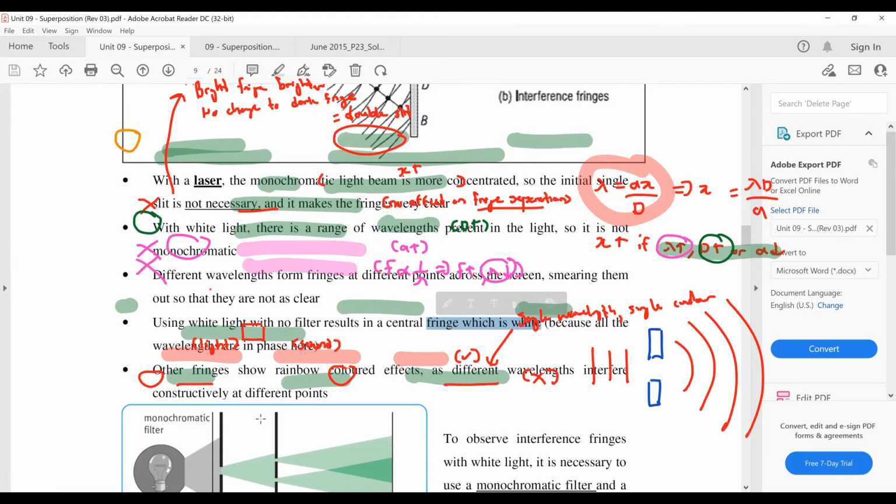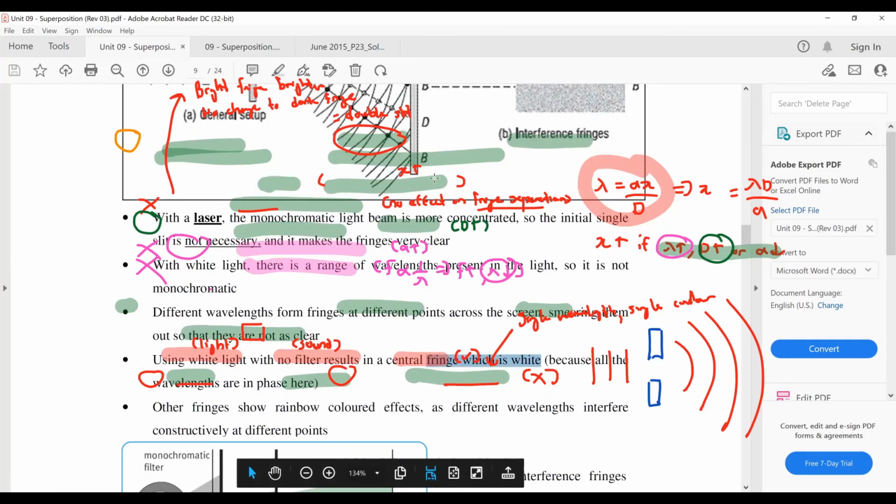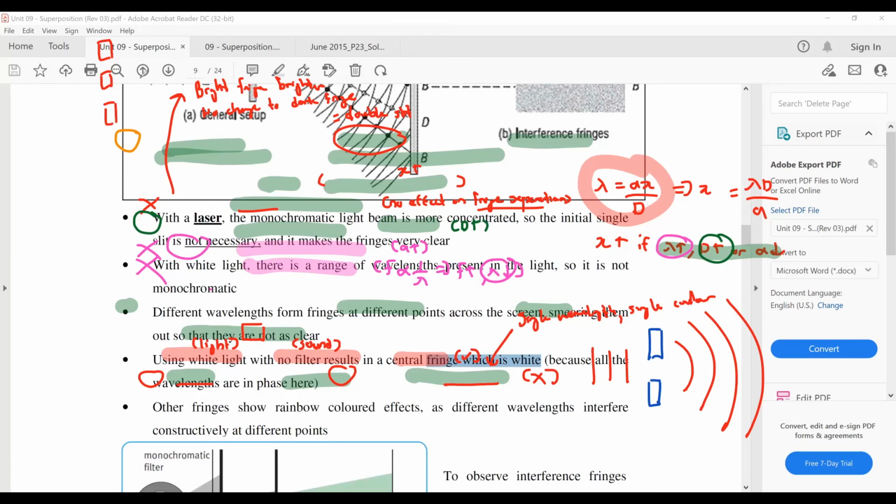Okay, so when you pass white light through a double slit, so if this one is your double slit, and I tell you you pass white light through, what you understood was that when white light passes through the double slit, slit S1 and slit S2, the light will actually diffract at S1 and actually diffract at S2.